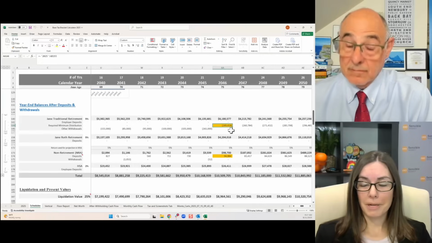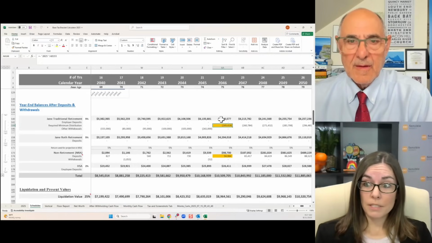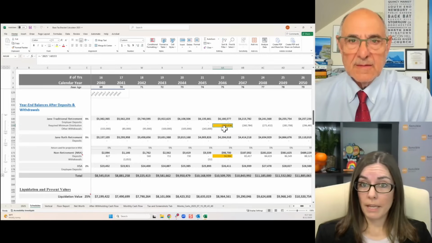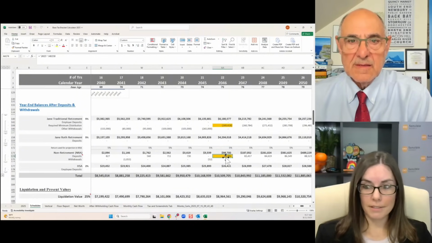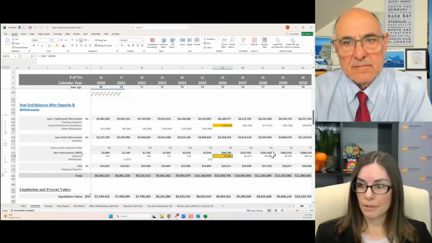Well, we talked about already, she's not a big spender. And so she is forced to take that $250,000 out and pay ordinary income tax. She doesn't need to spend it all. So the extra that doesn't get spent just gets deposited back into her brokerage account. If you continue on throughout her retirement, you see really big RMDs.